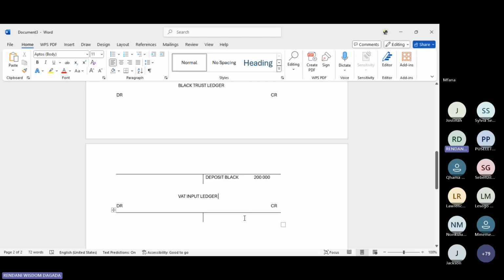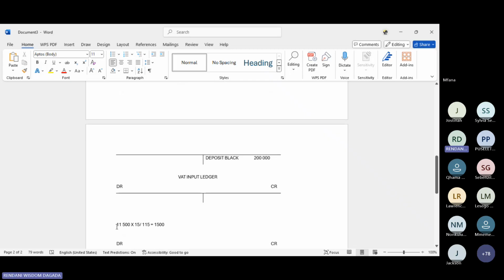Okay. Now we're gonna calculate the 15% of the 11,500. We're gonna say 11,500 multiplied by 15 divided by 115. That is gonna give you 1,500. So the formula for calculating VAT inclusive, you say the amount multiplied by 15 divided by 115.